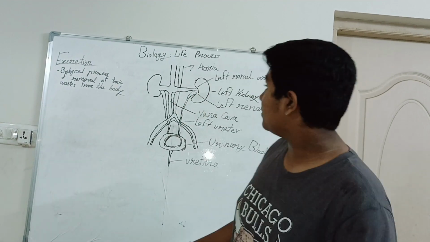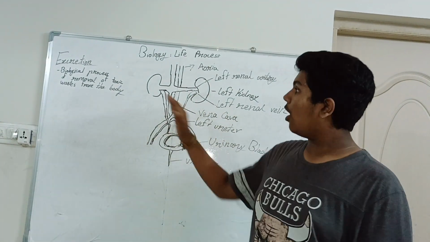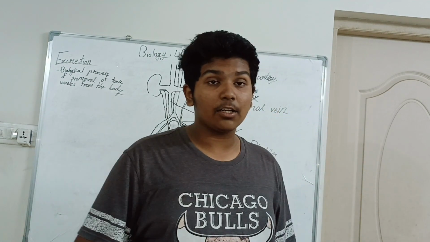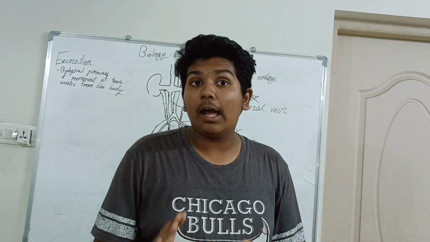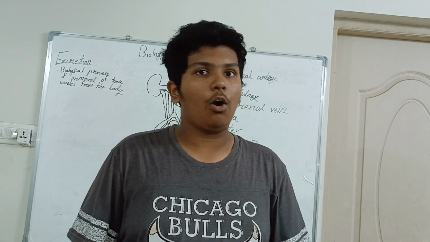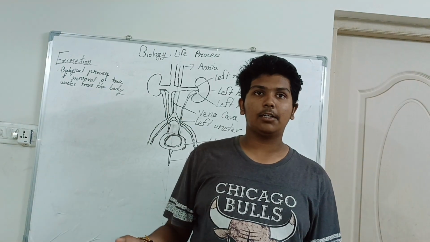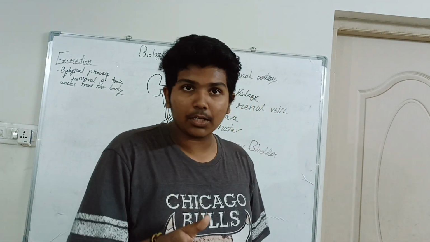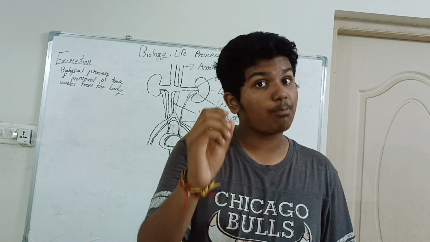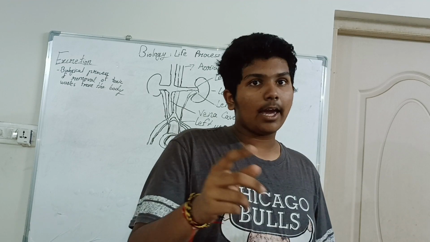Okay, so without these kidneys, if all this toxic waste is not excreted or removed, the body will turn poisonous. It will harm all of your main organs. For example, the first thing which will indicate is sodium. Then comes potassium, then creatine.